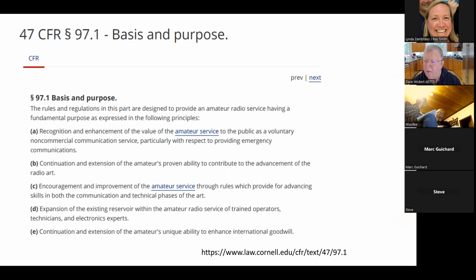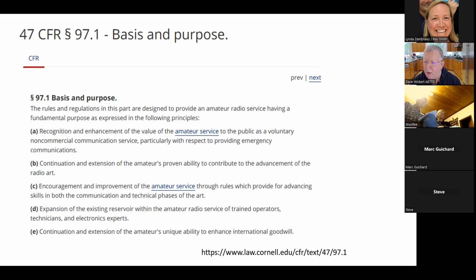So if you want to look up all the rules and regulations for amateur radio, you would look at Part 97. Each of the different radio services that the Federal Communications Commission regulates has its own part. So Part 97 is amateur radio. If you wanted to look at personal radio services, such as CB or GMRS or MURS, then you would look at Part 95.